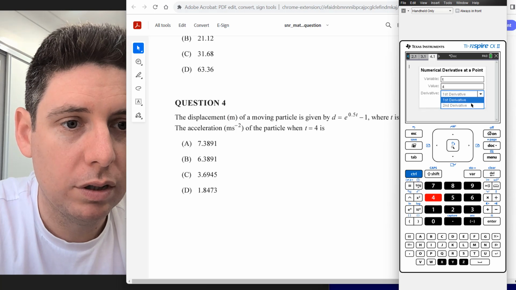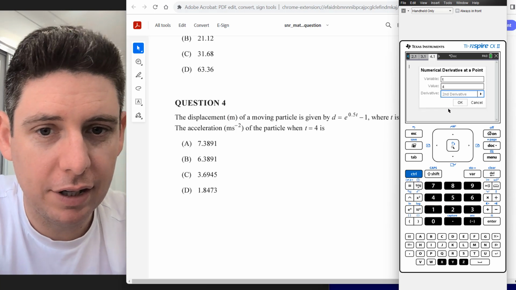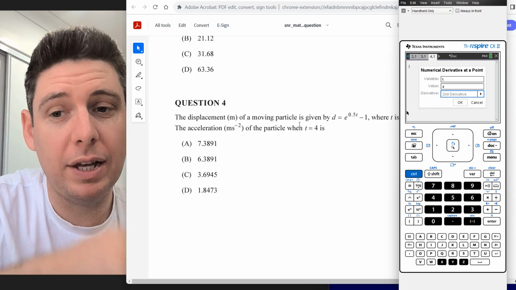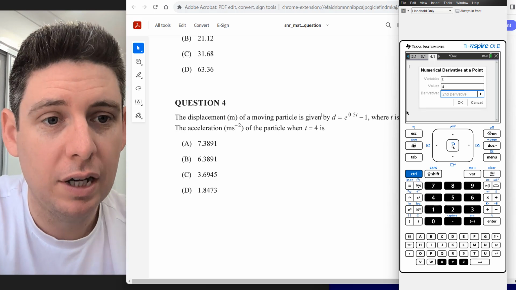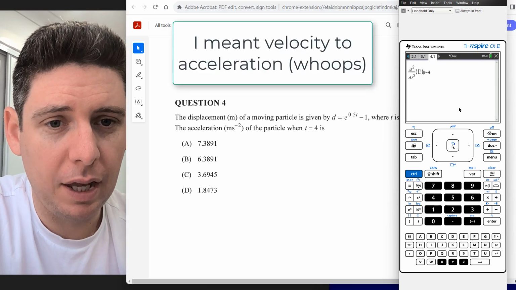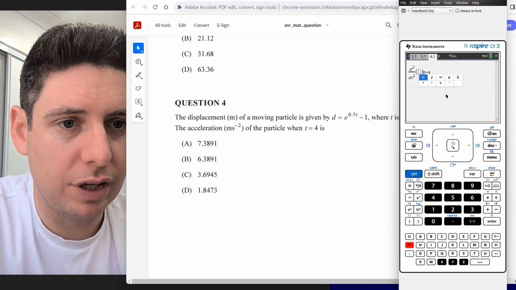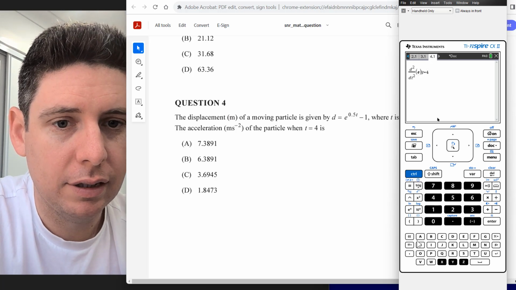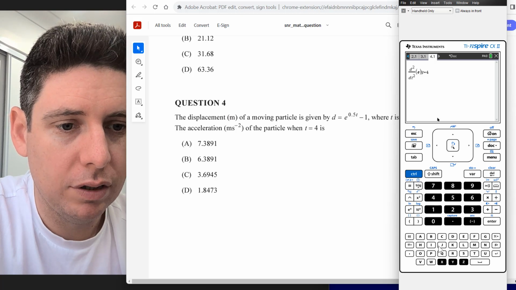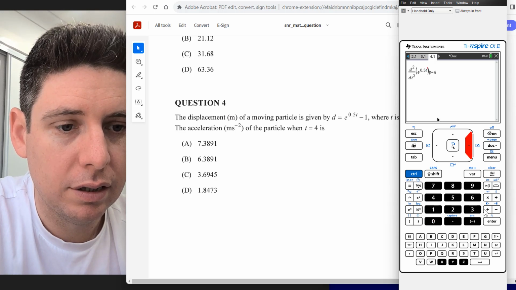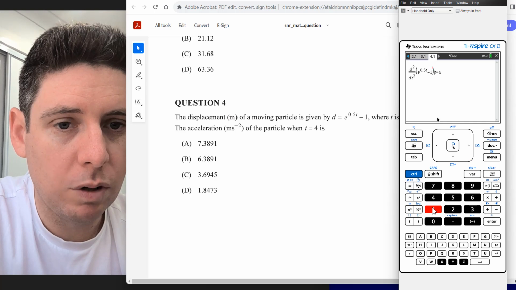T is 4. It's the second derivative because we've got to go displacement to velocity, velocity to acceleration, and then we need to type in our function. So you'll need e to the power of 0.5 t minus 1.